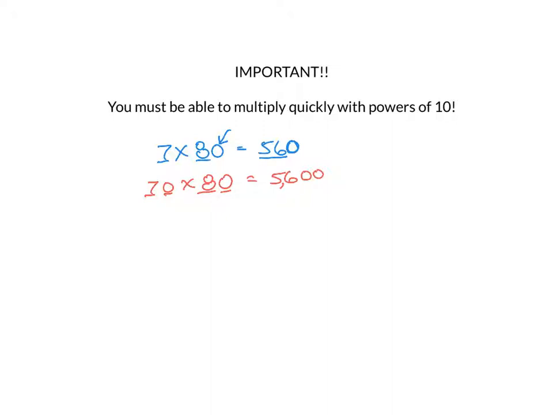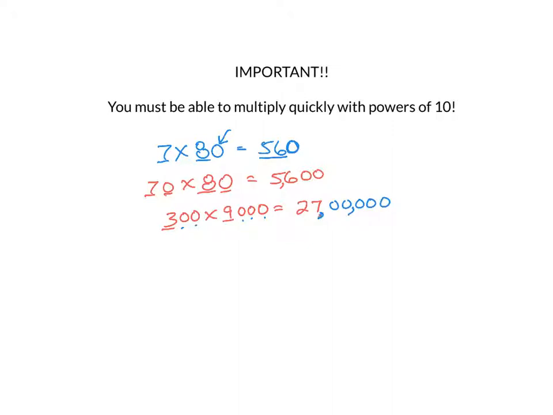If I was given something like 300 times 9,000, I'm going to first of all multiply the two single-digit numbers, 3 times 9. I'm going to get 27, and then I'm going to count how many zeros I have altogether. I have 1, 2, 3, 4, 5 zeros in the problem, which means that I need 5 zeros in the answer.